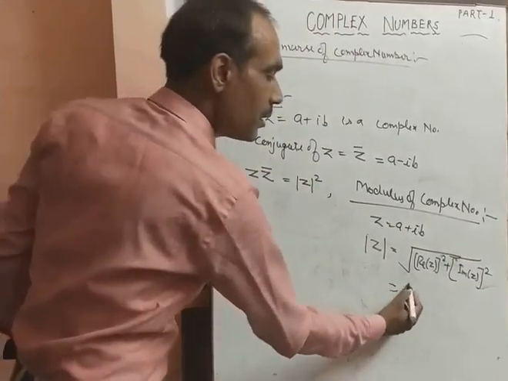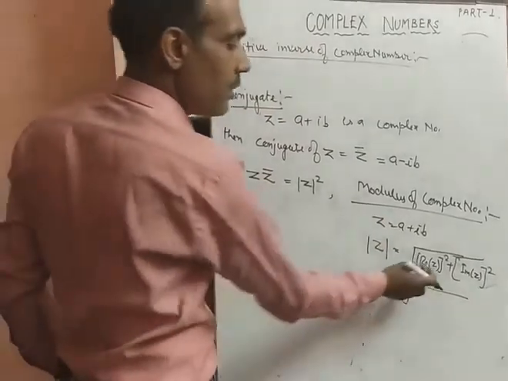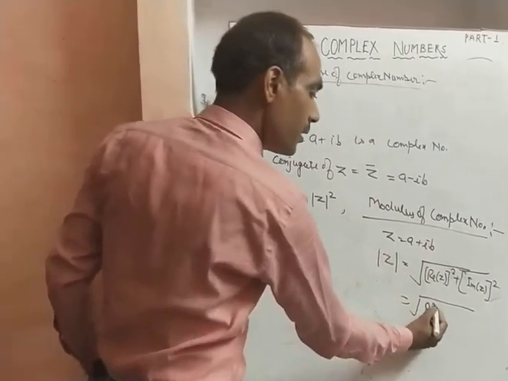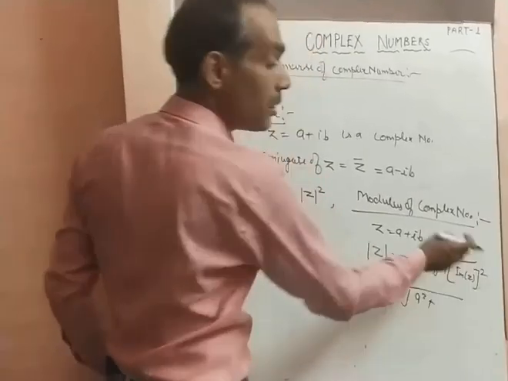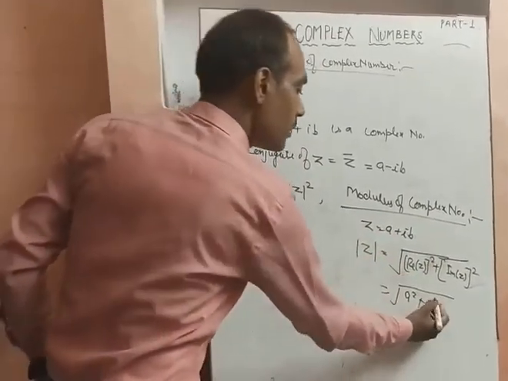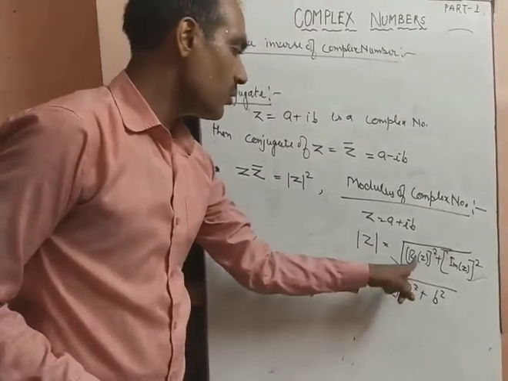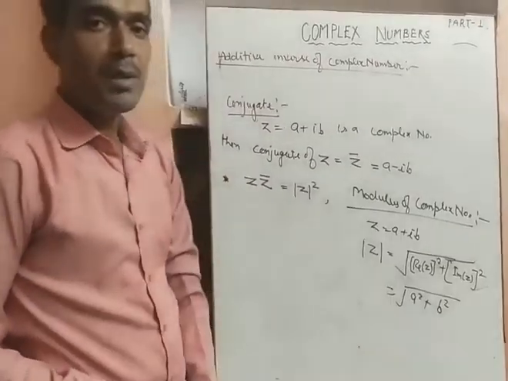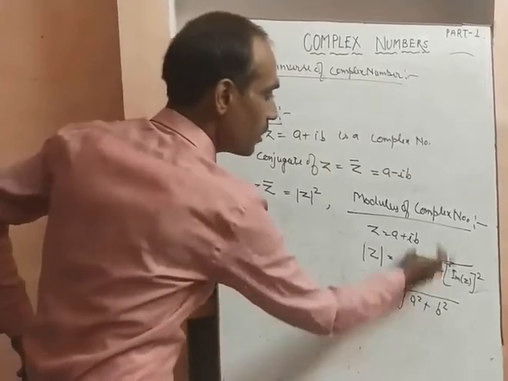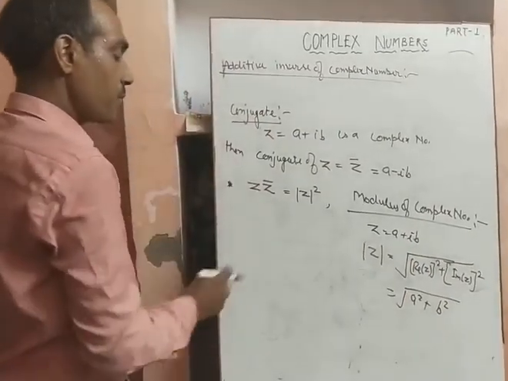The real part is a, so that is a square. The imaginary part is b, so b square. Then mod z equals the square root of a square plus b square. This is the modulus of a complex number.